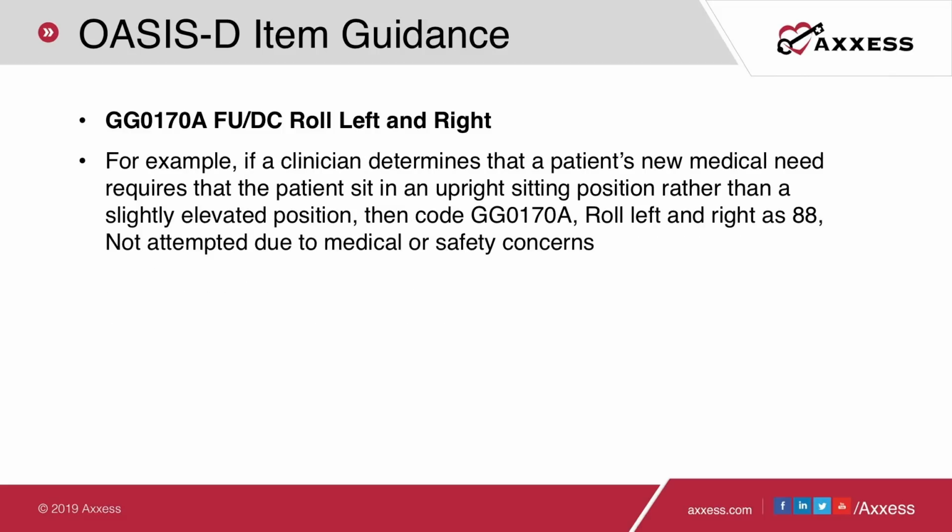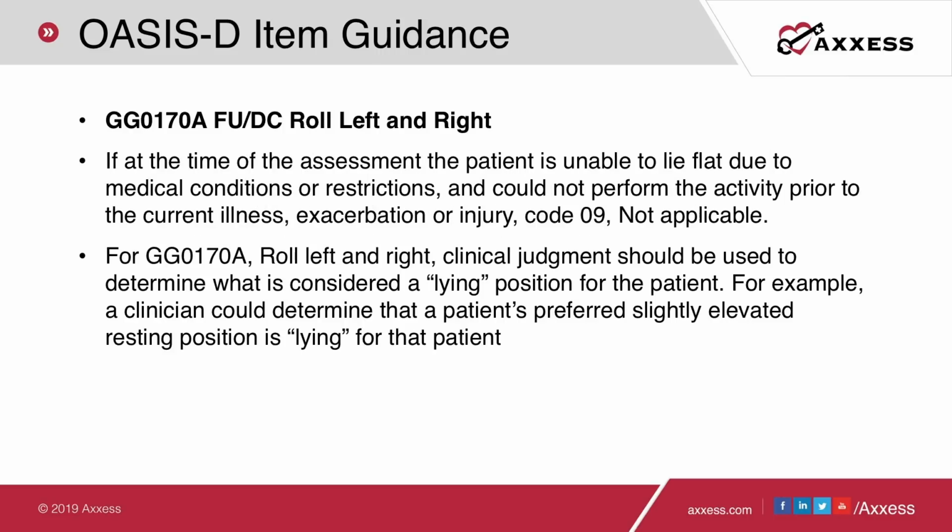For example, if a clinician determines that the patient's new medical need requires that the patient sit in an upright sitting position rather than a slightly elevated position, then GG0170A would be 88, not attempted due to medical condition or safety concerns. If at the time of the assessment the patient is unable to lie flat due to medical conditions or restrictions and they couldn't perform that activity prior to the current illness, exacerbation, or injury, code a number 9, not applicable.